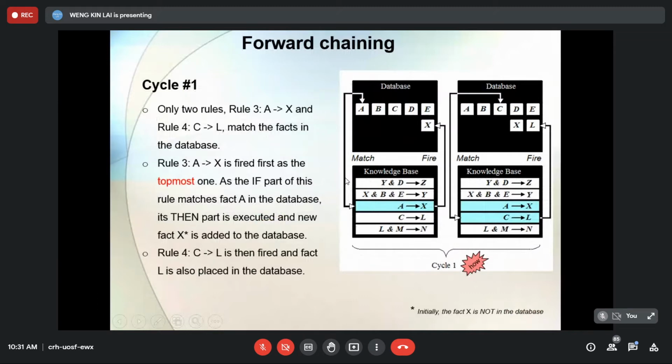So you can clearly see that each cycle will have to process all the rules that are in your knowledge base. This is the knowledge base and the database. You can clearly see again they are separated.